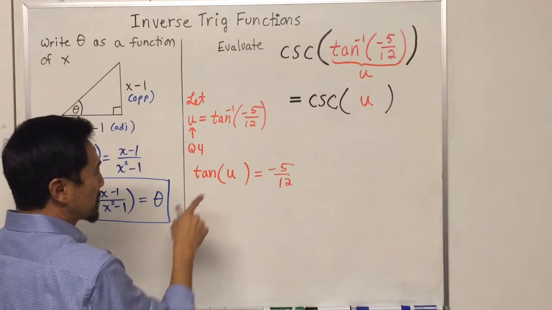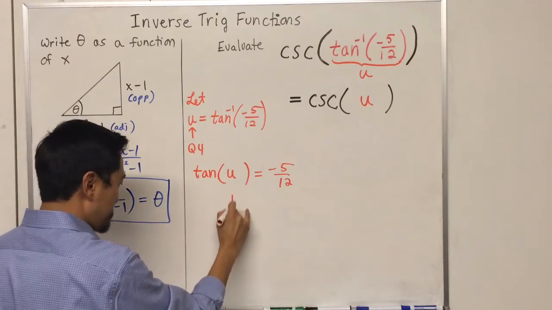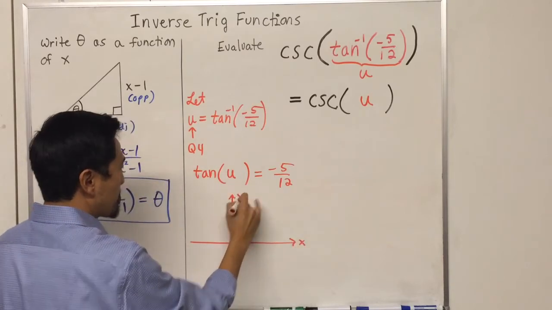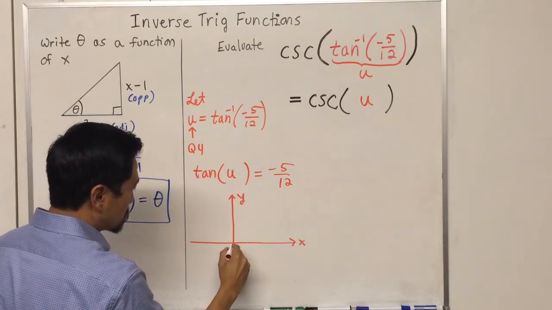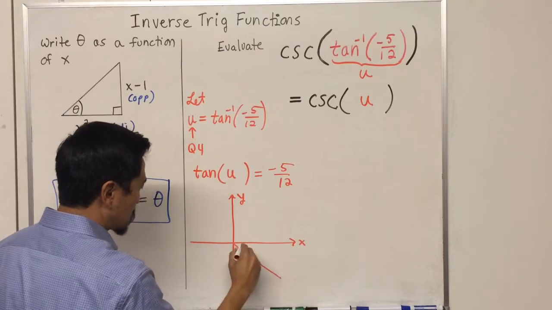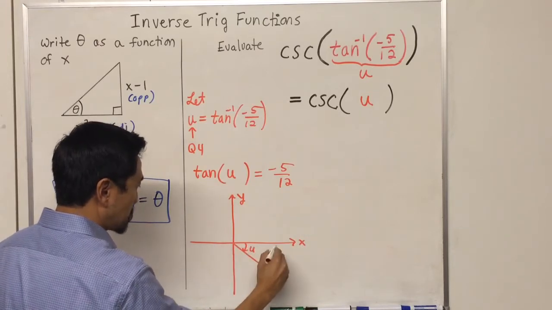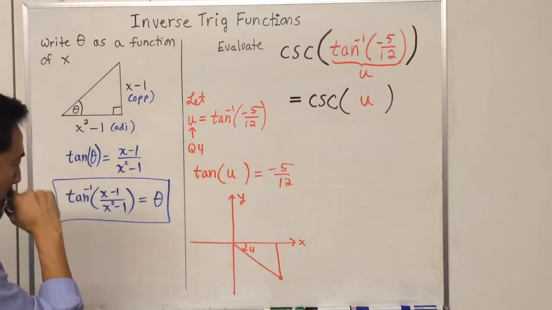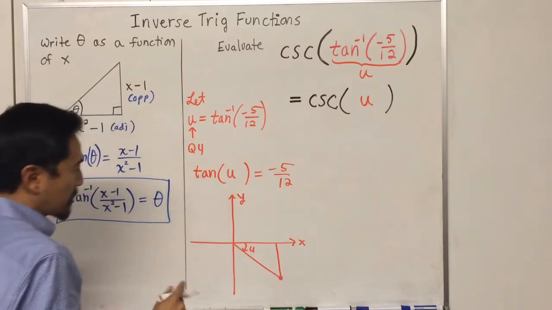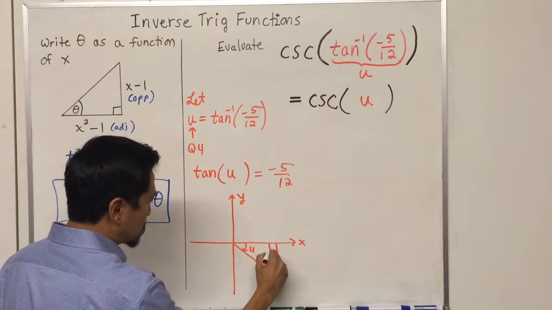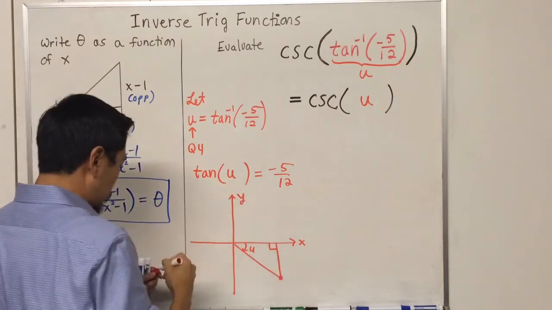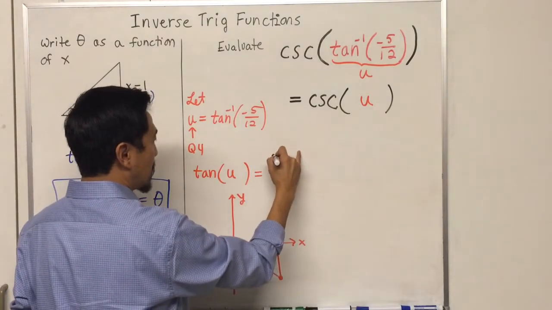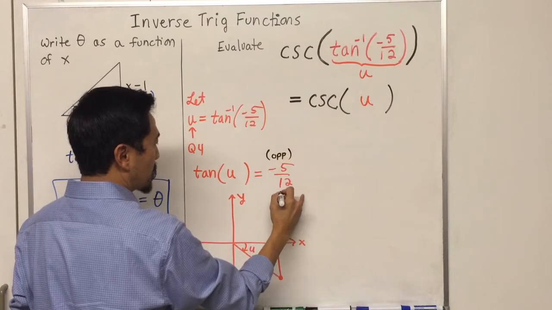Now, using that statement, I can build a triangle. Okay, so I've got this angle u in quadrant 4. Now, the sides of this right triangle, well, remember, tangent is by definition opposite over adjacent.